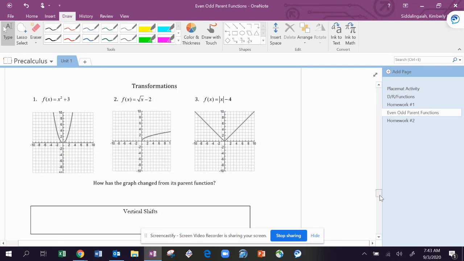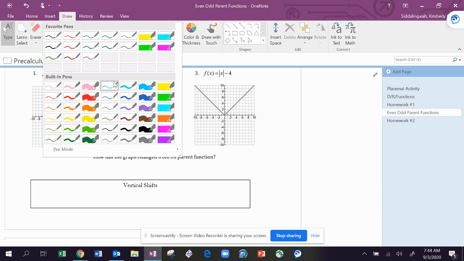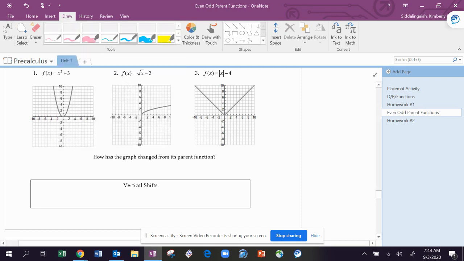Okay, let's talk transformations. So looking at the homework that some folks have handed in, it looks like this is something you studied a lot last year, but we're just doing a quick refresh to make sure we're all on the same page. So vertical shifts are the shifts that go up and down.